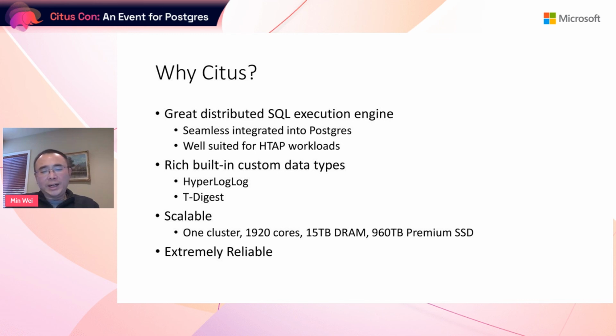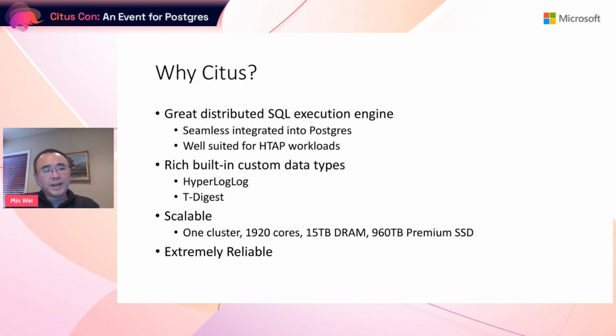One of my clusters has almost 2,000 cores, 15 terabytes of DRAM, and close to 1 petabyte of Azure premium SSD. It helped grow our device-centric measure from about 100 in 2018 to about 5,000 now. It shows you the scalability of the system.